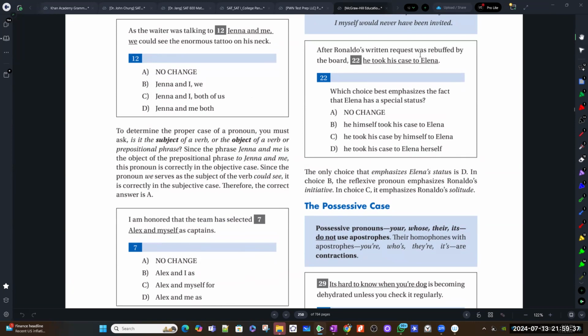After Ronaldo's written request was rebuffed by the board, he took his case to Elena. He is D, because his case to Elena is A, correct? God knows which one's correct, right?